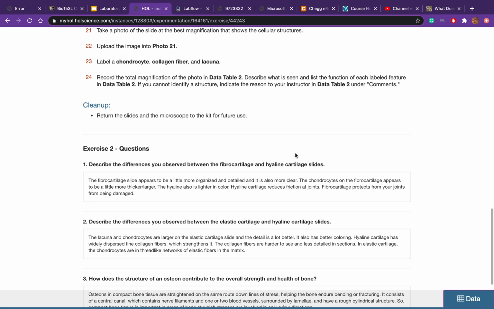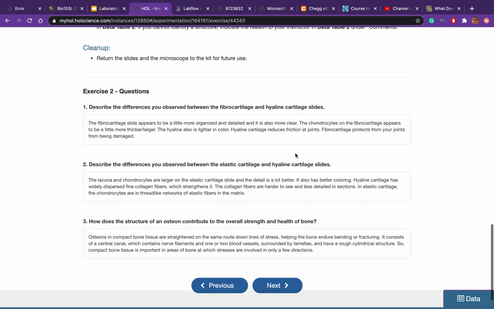After that, you would of course have to put your microscope away and answer these questions right here, describing the differences about the cartilage. You have to compare them in the description of the slides and also the description and function of those cartilages in the body, and you have to compare every single one, all 3 of them.